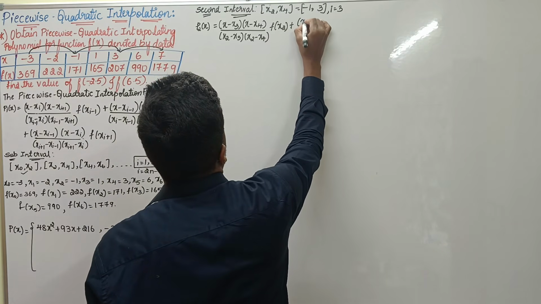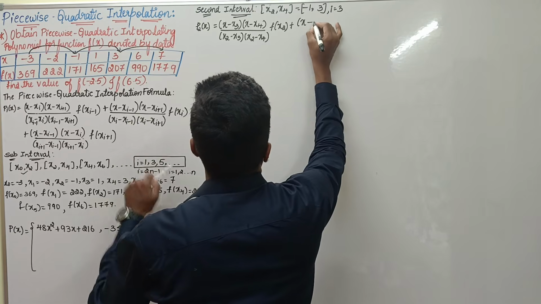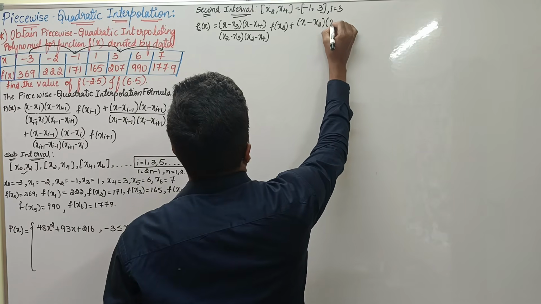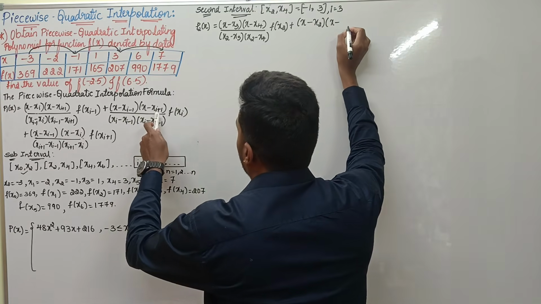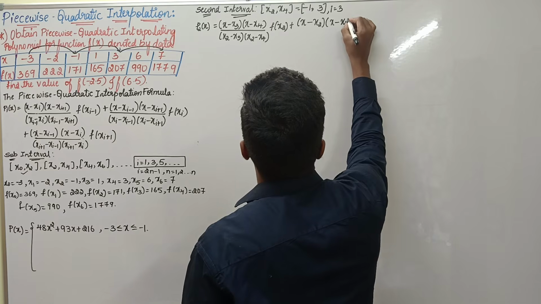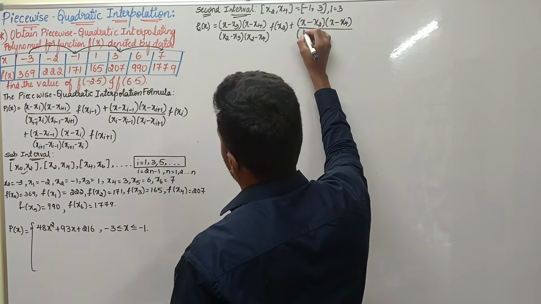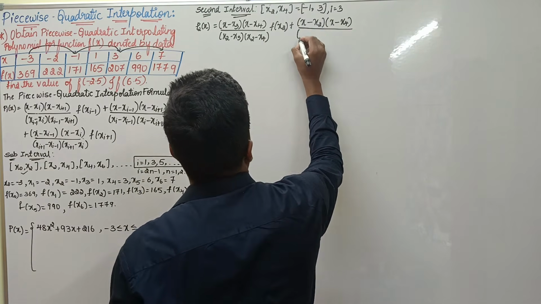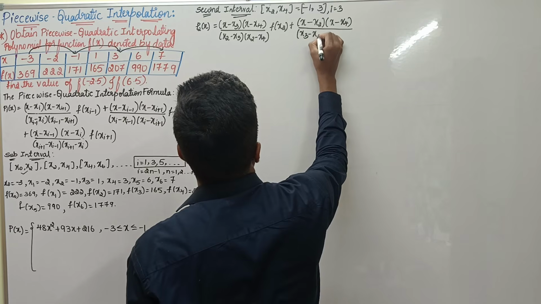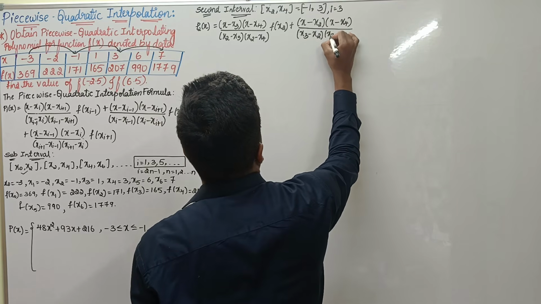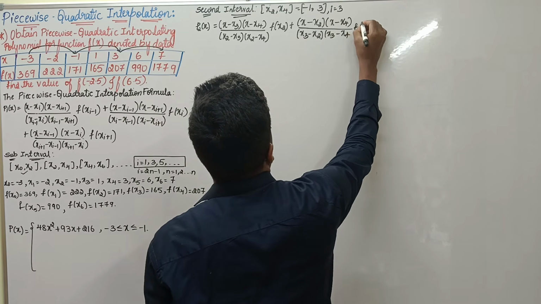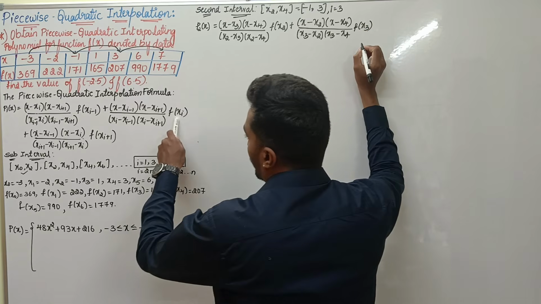Plus x minus x_(i-1), that is x2, into x minus x4, divided by x3 minus x2, x3 minus x4, into f of x3.